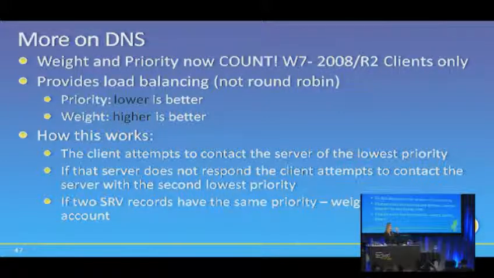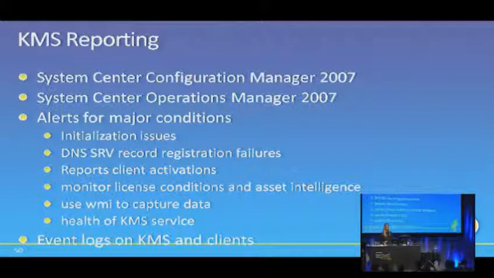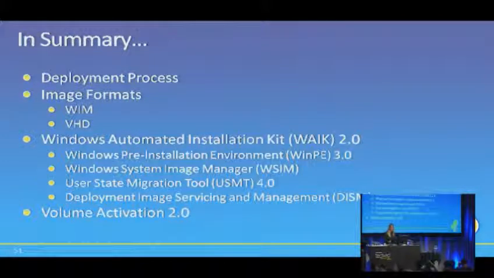But I think that's for really huge organizations. It doesn't have to be Microsoft DNS. You guys can still use BIND if you choose. KMS reporting, SCCM, SCOM, there's all kinds of fantastic reporting tools out there, but they are additional products to get. You also have event logs on KMS and on your clients that you can check.